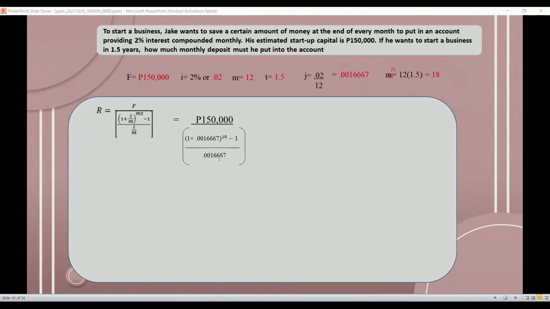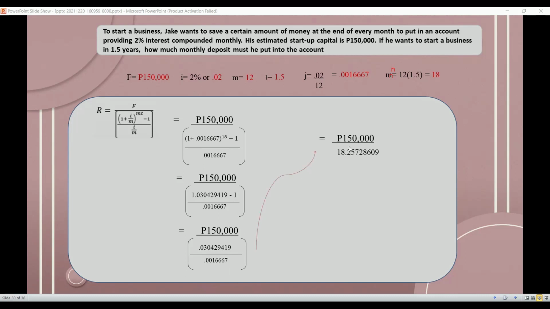Minus 1 all over J. Next, we solve our J. We add it to 1 and raise it to 18. So, this is the answer. Then, we subtract 1. Copy that, then next we solve the numerator over our denominator.